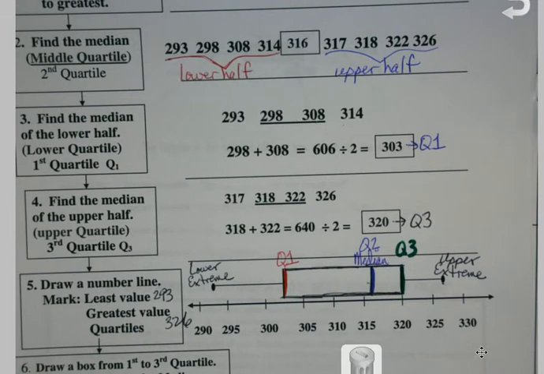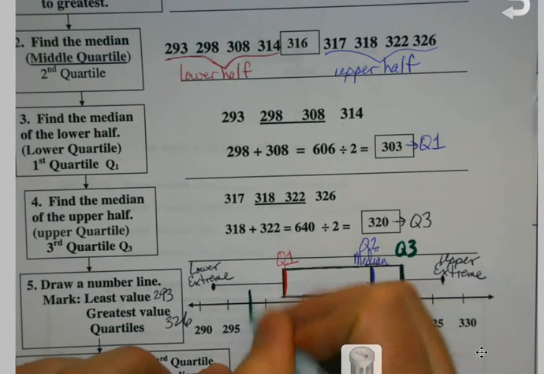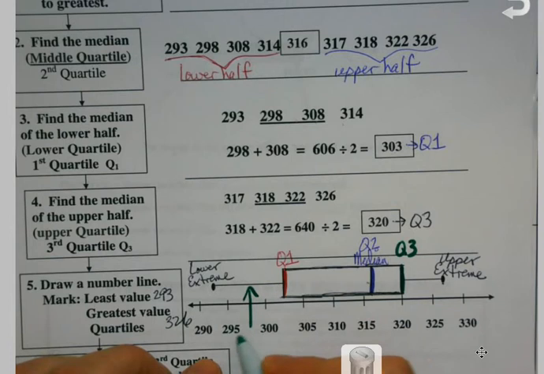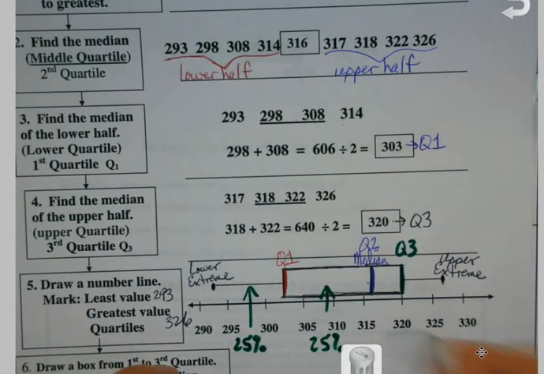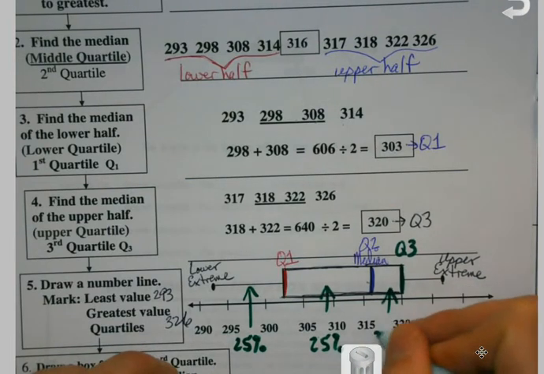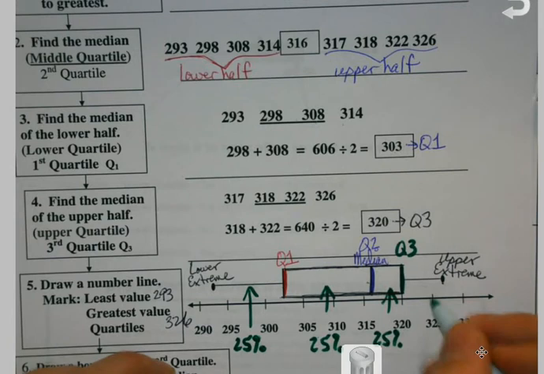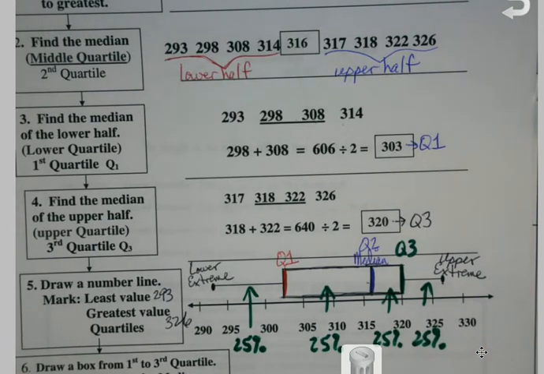But it's going to cut them into 4 parts, and each of those parts, since they're each worth a quarter, signify 25% of my data. Now that means some of my data might be squished into a really small area. Some of my data may be really spread out. But if you have 4 25%, that adds up to 100. It covers every single one of those numbers that are up in my list.